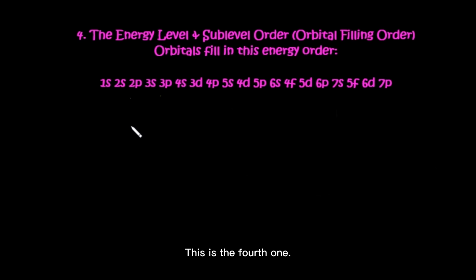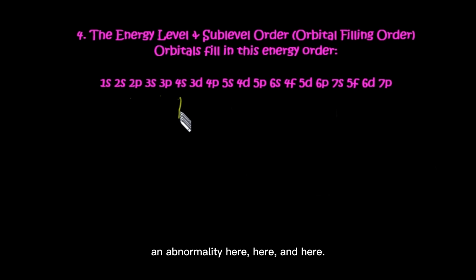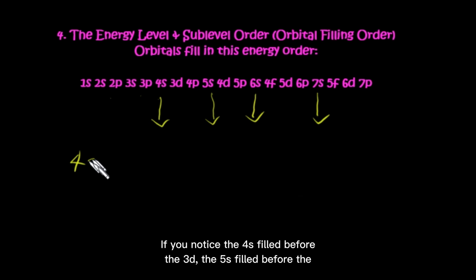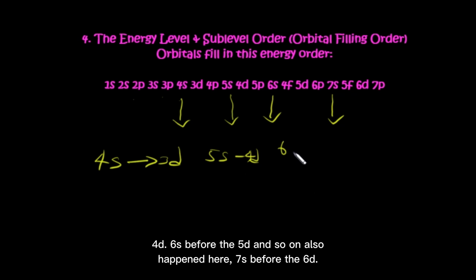This is the fourth one, the energy level and sublevel order, which is also the orbital filling order. Of course, we said earlier that they fill in increasing energy, but there's an abnormality here, and here. If you notice, the 4s filled before the 3d, the 5s filled before the 4d, 6s before the 5d, and so on. Also happened here, 7s before the 6d.